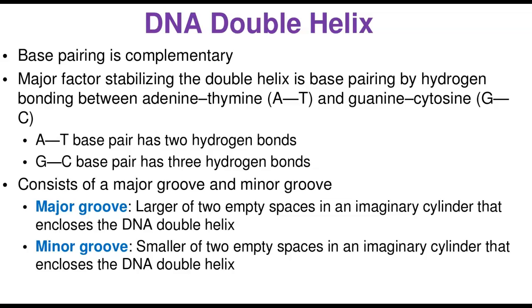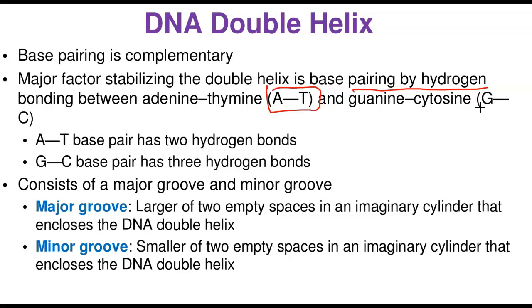It helps to maintain their secondary structure, so that the moment those hydrogen bonds are broken, those biomolecules lose their typical native structure. So the major factor stabilizing the helix is the base pairing by hydrogen bonding between adenine and thymine, or guanine and cytosine. So we call it the AT and GC.